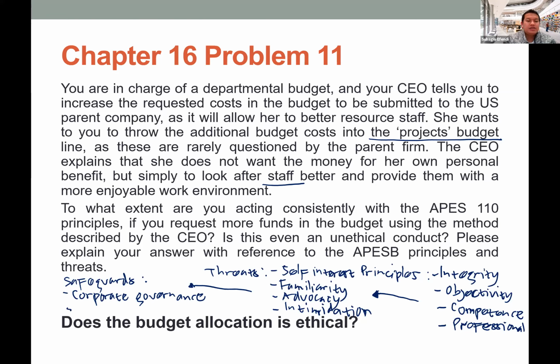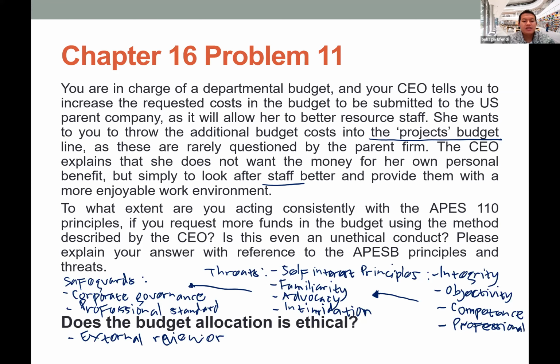Next is the professional standard. The budget officer should follow the professional standard, which is acting professionally with sufficient knowledge and skills, and maintaining good conduct. And lastly, I think we can also propose that the company hire some external reviewer to evaluate the budget proposal and also the budget allocation process.